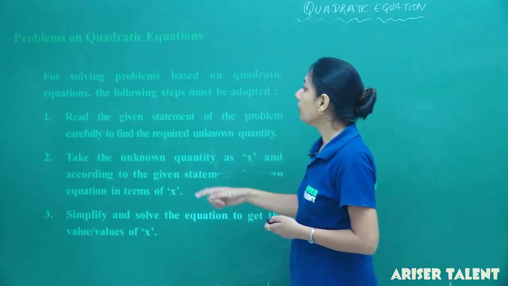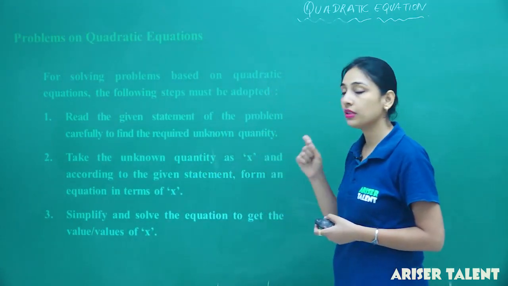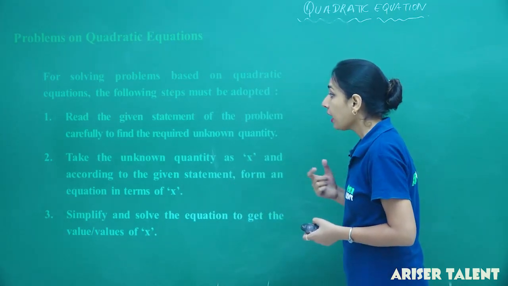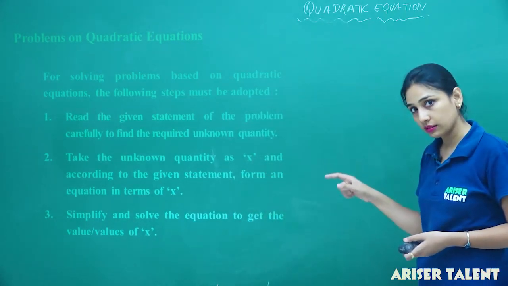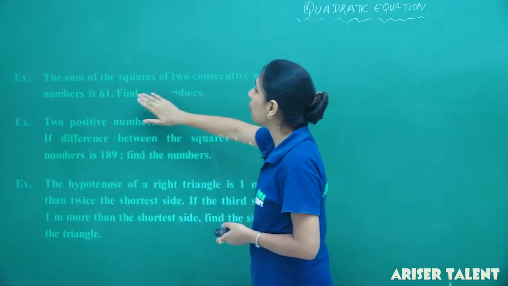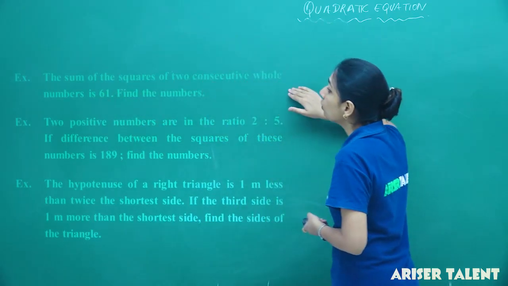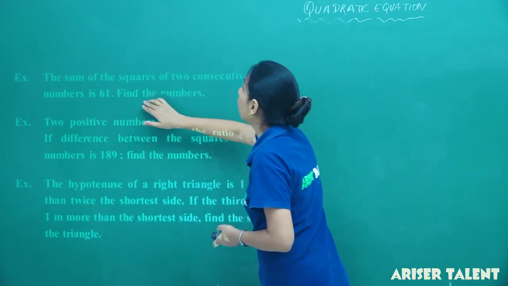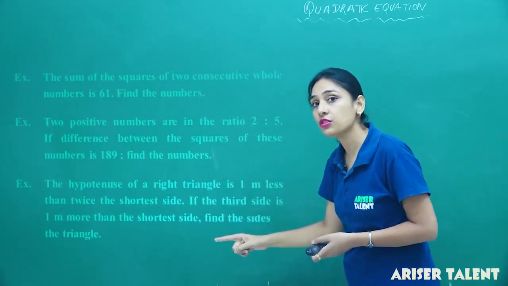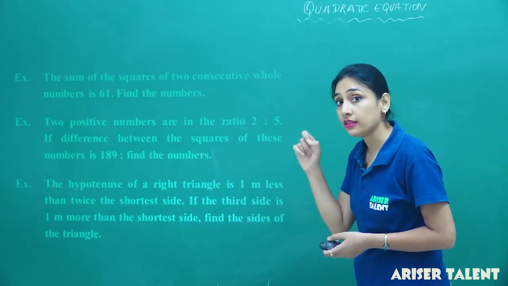Now, take the unknown quantity as x. Like in the example, the sum of the squares of 2 consecutive whole numbers is 61. Find the numbers. So these numbers will be considered as x here.